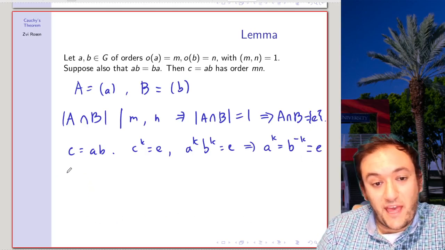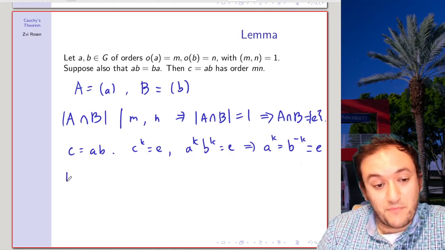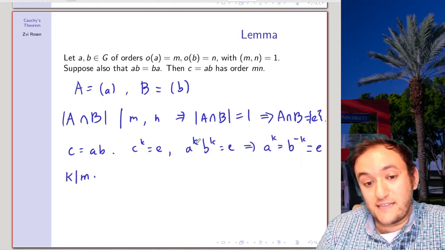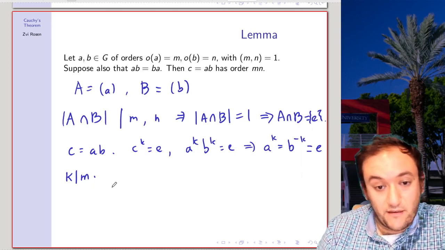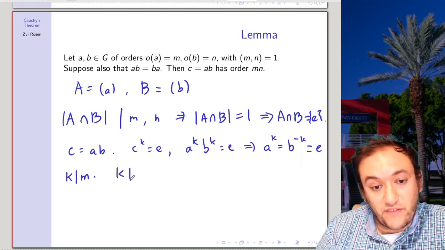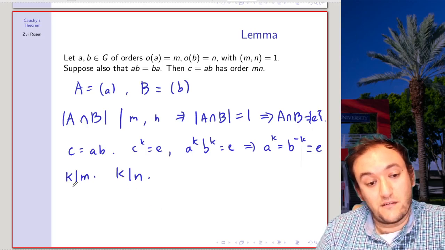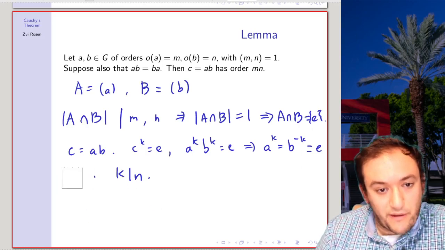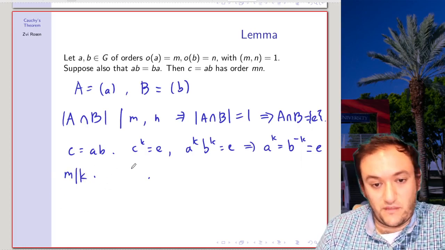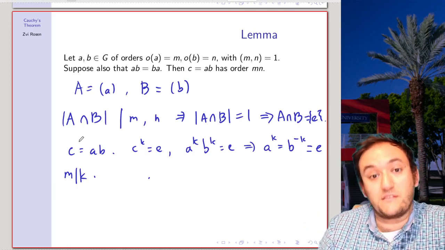Well, we know that a has order m, so that means that k must divide m. Okay, and by the same process, taking the inverses, k must also divide n. But that means that, I'm sorry, the other way around. m must divide k, because if some exponent gives you the identity, that means the order divides it.